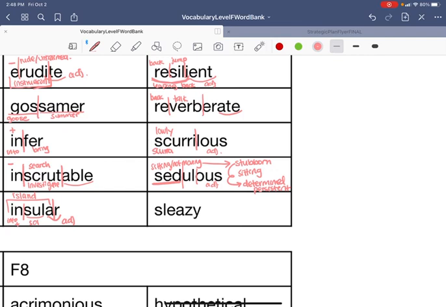But it's supposed to mean something like cheap or shoddy material, or it could also mean corrupt character.